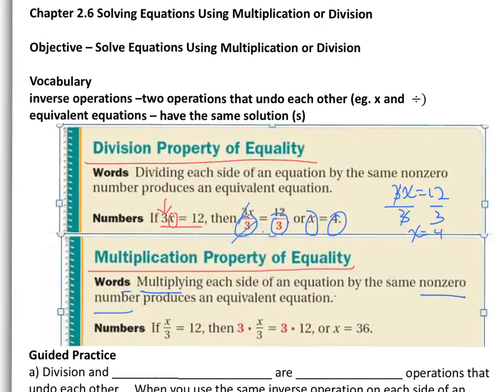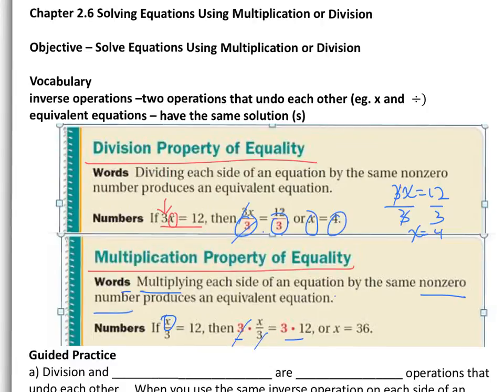So if we look at this numerical example, if x over 3 equals 12, then to solve for the variable x, I need to take the reciprocal of 1 over 3, which is 3, and multiply 3 to both sides of the equation.